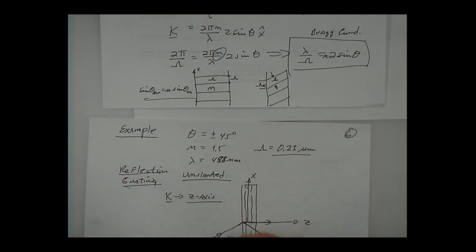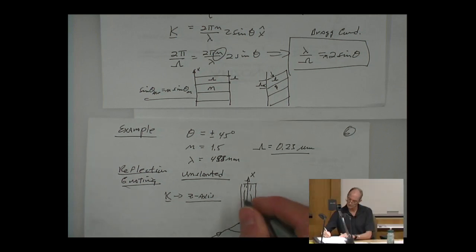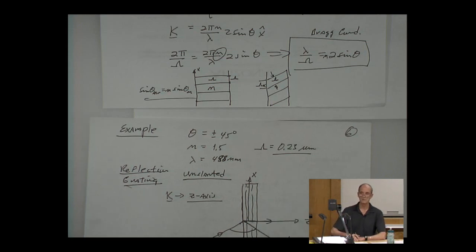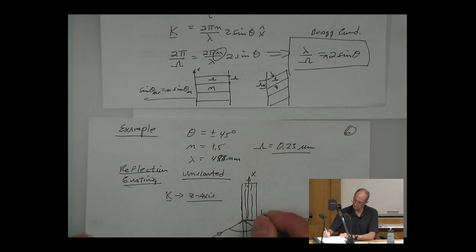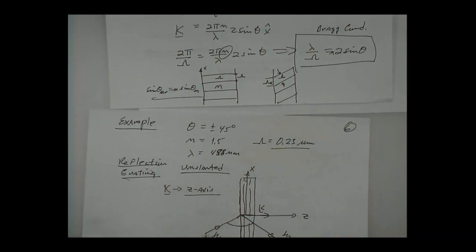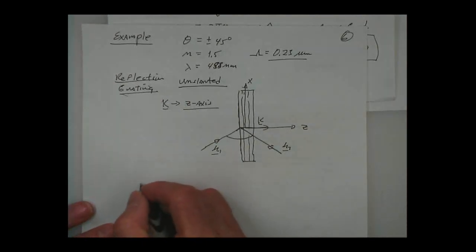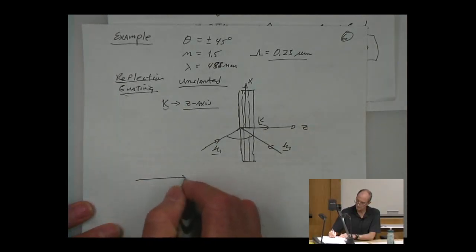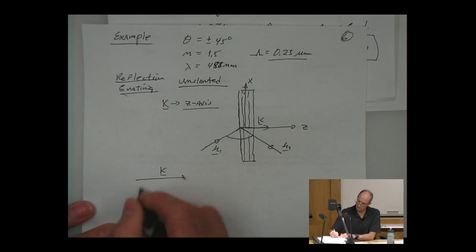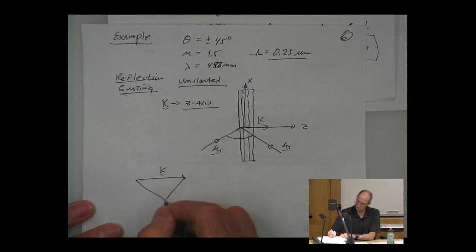Again, here's our angle, and the fringes form along the bisector of that angle. Okay. So the grating vector, again, is there. Here's our K1 and K2. And so in this case, our construction is going to look something like this.